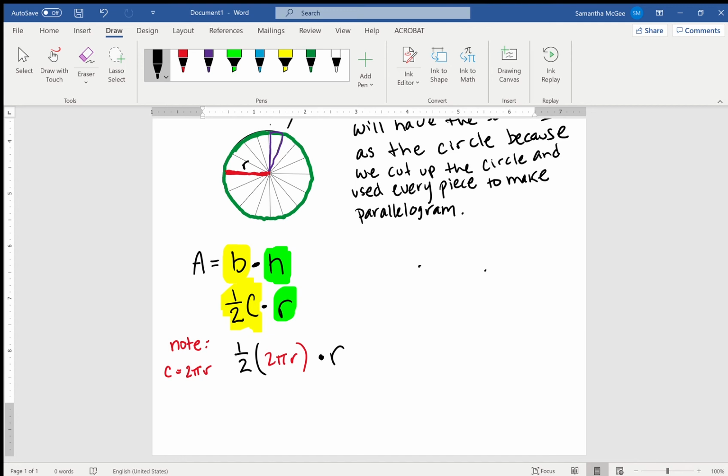If we start multiplying things through, we have 1/2 times 2 pi r times r. 1/2 times 2 is 1, so those cancel each other out. I'm just going to go to black now. So now we have pi r times r, which is pi r squared. And that's the area of a circle. That's our formula for the area of a circle.